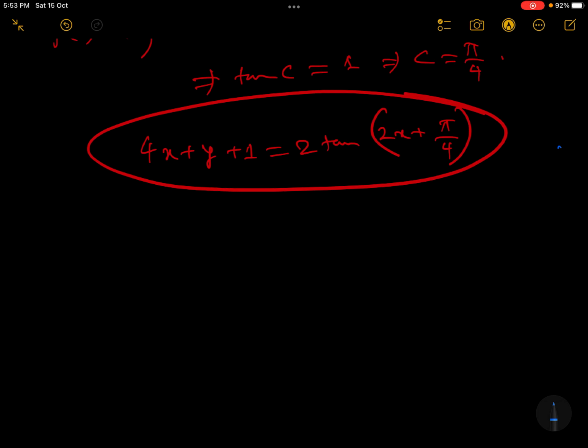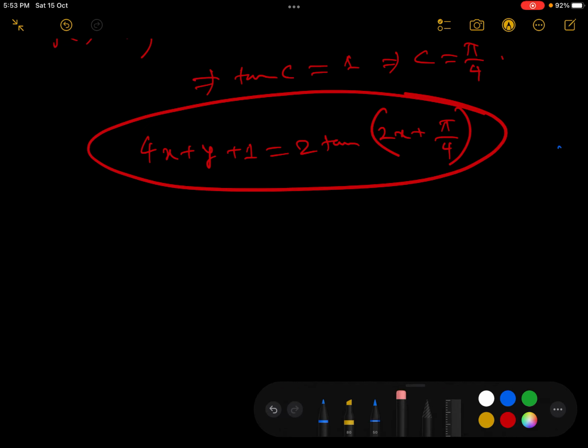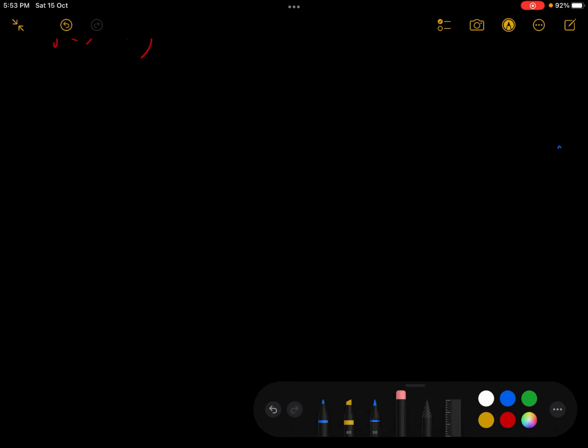The next question is another variable separation method question. First, I'll take up the variable separation method, and after that, linear differential equations. All right, let's do it. Here we go.